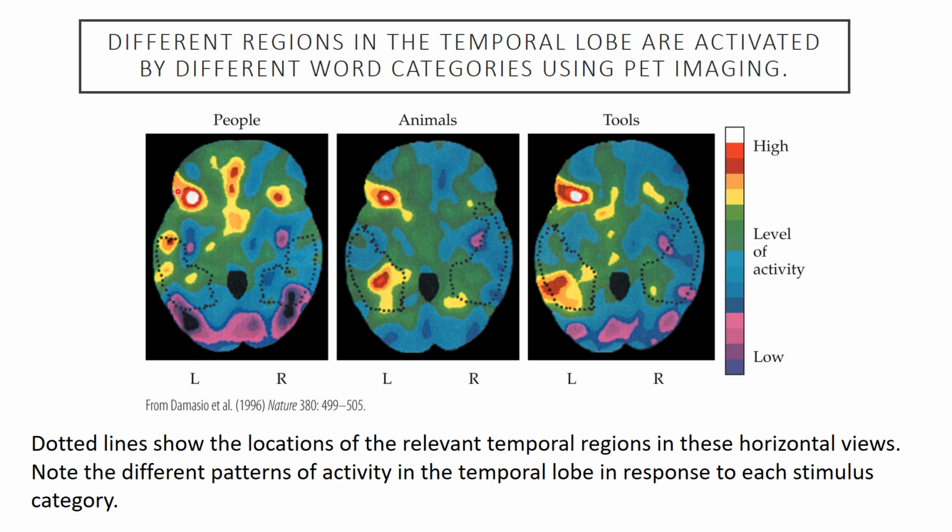So people has a very strong activation on the left hemisphere towards the more frontal portion, but not a whole lot of activity down here, whereas animals has activity in this area as well, but also some activity at the more medial portions of this area. And then tools appears to also activate this portion here.